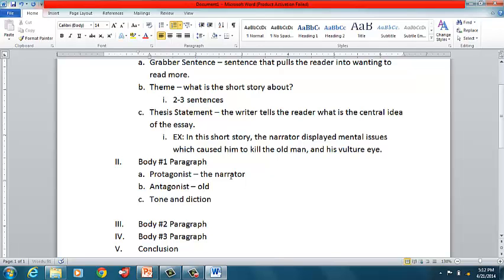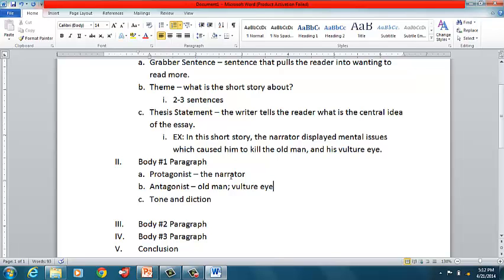Many of my students have said the old man. And I said, well, that's true, but what specifically about the old man is in opposition, or what's the opposing force for the protagonist? And they went on to say, you know, the vulture eye. Now, is it anything that this man did wrong with his vulture eye? Likely not.